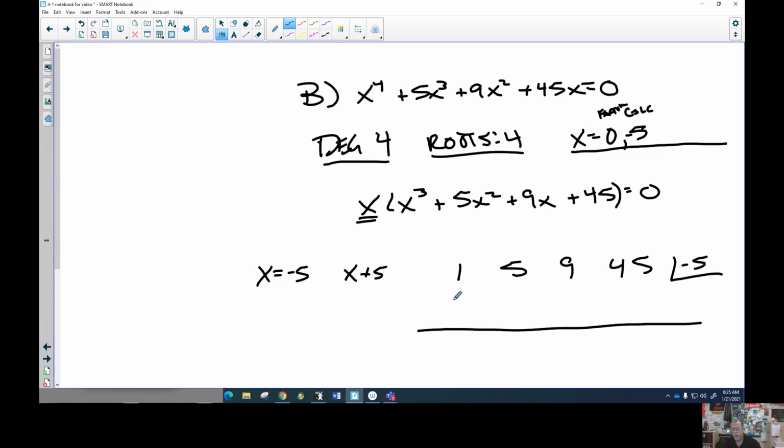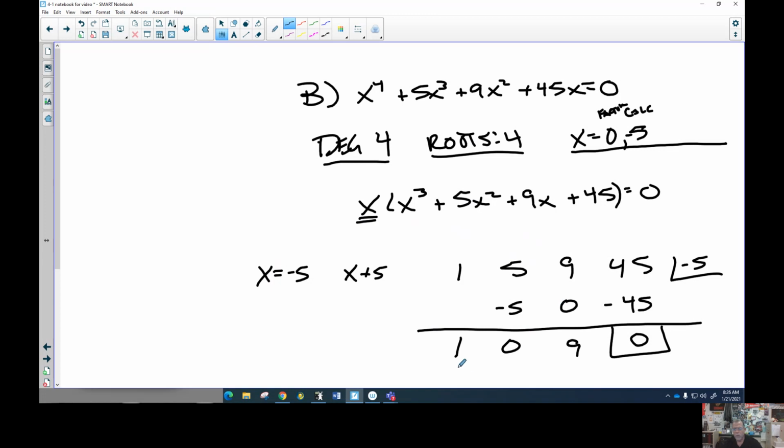All right, so we do this, bring down the 1, multiply by -5, add, we get 0, multiply by -5, we get 0, add, we get 9, multiply by -5, we get -45, and we get 0. We should get 0. We knew that this was a root just from the graph, so we knew we should get 0. If we didn't get 0, you probably divided wrong, so go back and check.